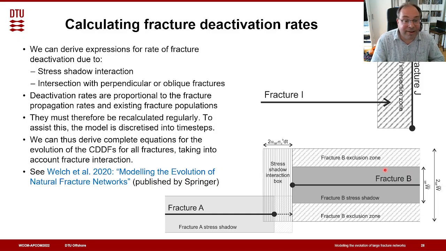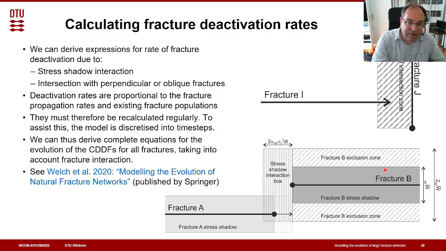To do this, we discretize the model into time steps. And so using this technique, we can calculate the evolution of the cumulative density distribution functions describing the fracture network implicitly without needing to calculate or model the individual fractures.